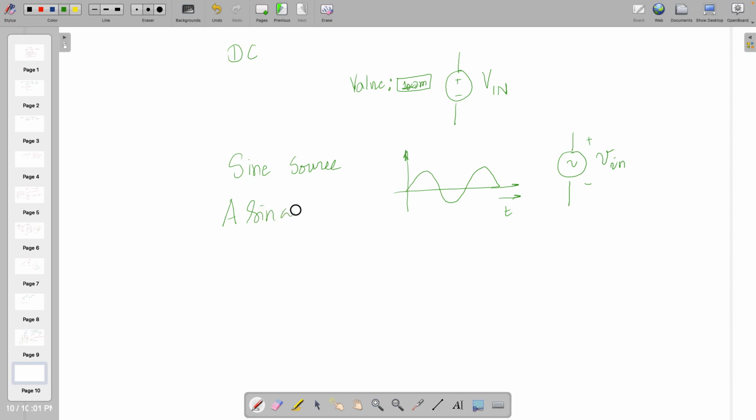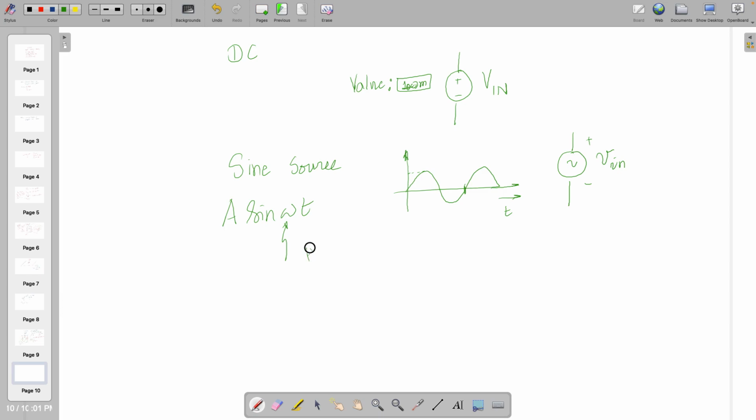It's A sine omega t, right? So it requires the amplitude, the frequency in hertz, not in radian per second. It requires hertz for our simulator. It understands hertz, but if you want to change it to radian per second, of course you need to use some advanced settings of the simulator, but I don't recommend doing that.